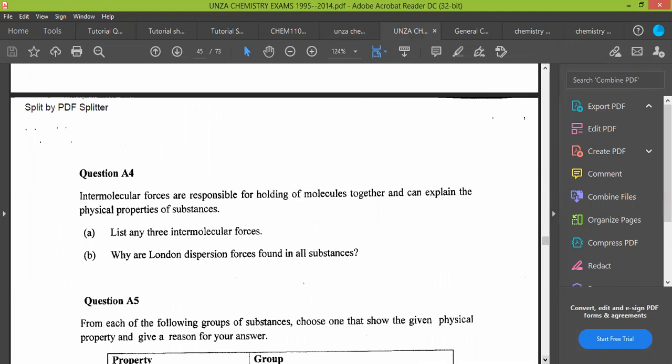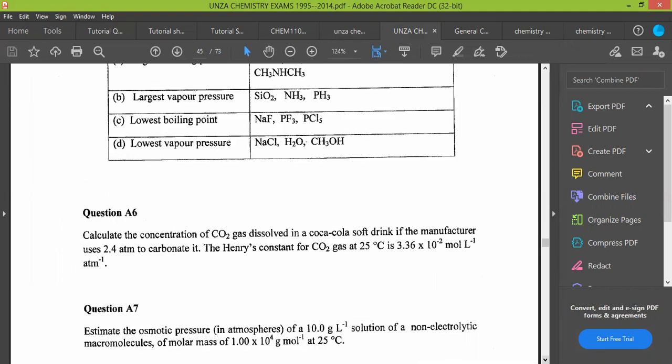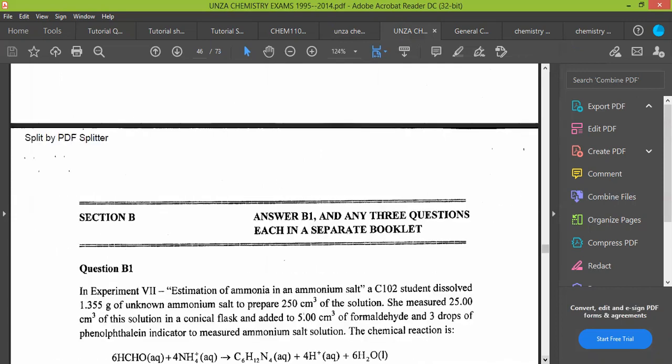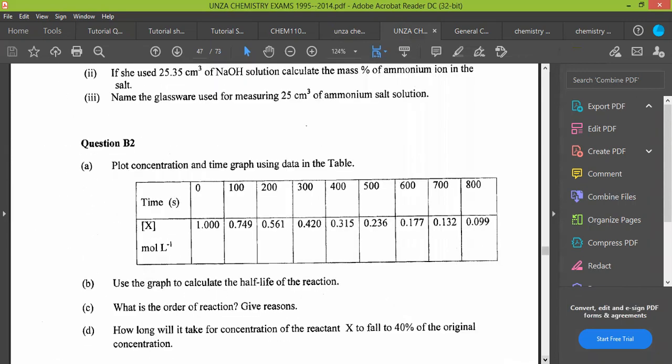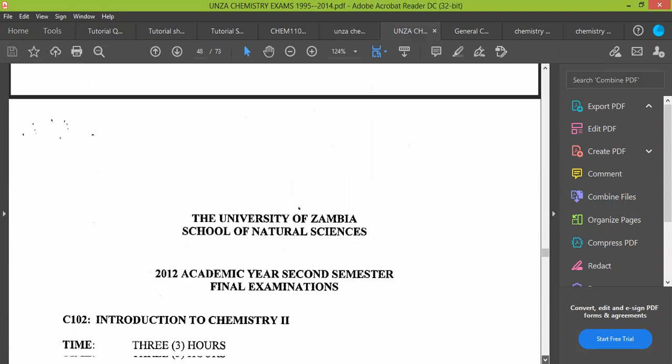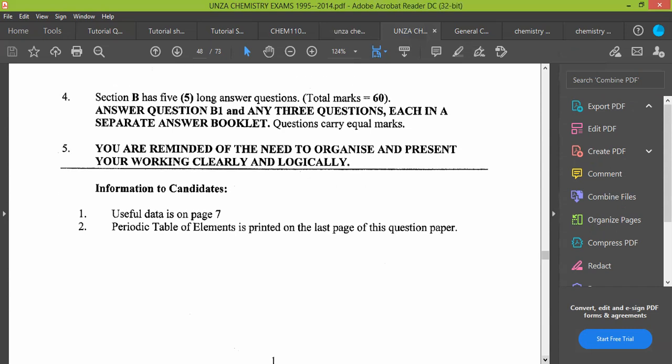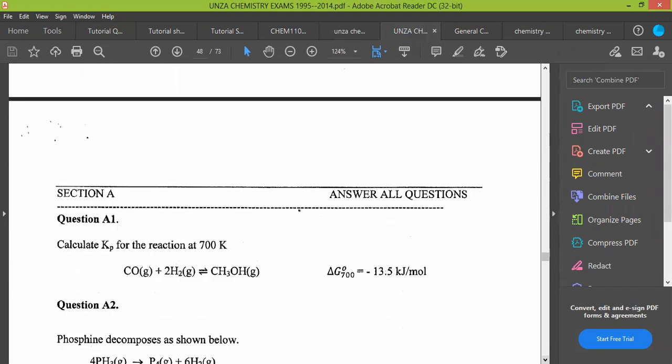We were answering 2008. The first questions we did in the first tutorial sheet was 2008, I think. Let me check. So this is a 2012 paper. So let us look at kinetics.